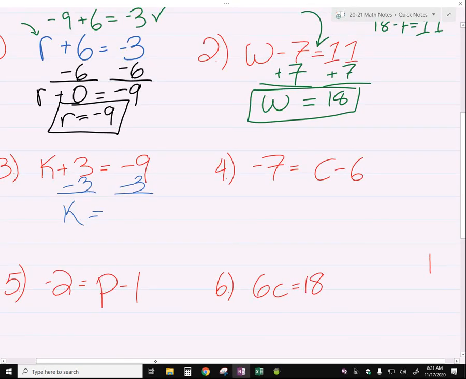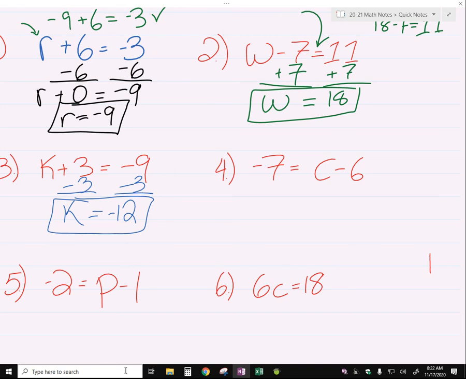Close, but that would be negative 9 plus negative 3. So it's going to make the value of the negative more, or more negative. Negative 12.